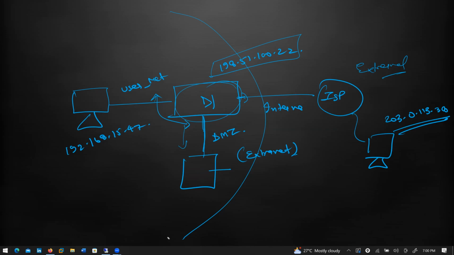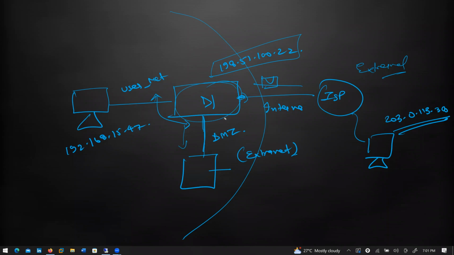Before that, it won't be able to understand. So the moment the packet reaches the firewall, it opens the packet and changes the destination address in the header with the help of the translation. After that, it performs the route lookup.